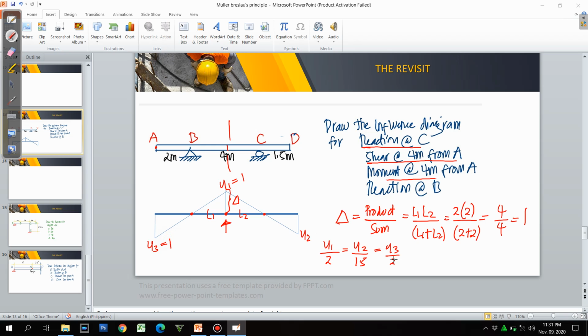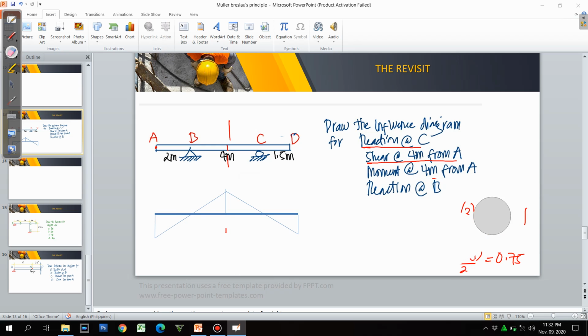So y2 will be computed by pairing it to this, wherein y1 is 1. So we have 1.5 times 1 all over 2. So half of 1.5 is 0.75. And this is actually negative since it lies at the bottom. Okay, so I think we are done with the revisit on the procedure using the Mahler-Breslau method.